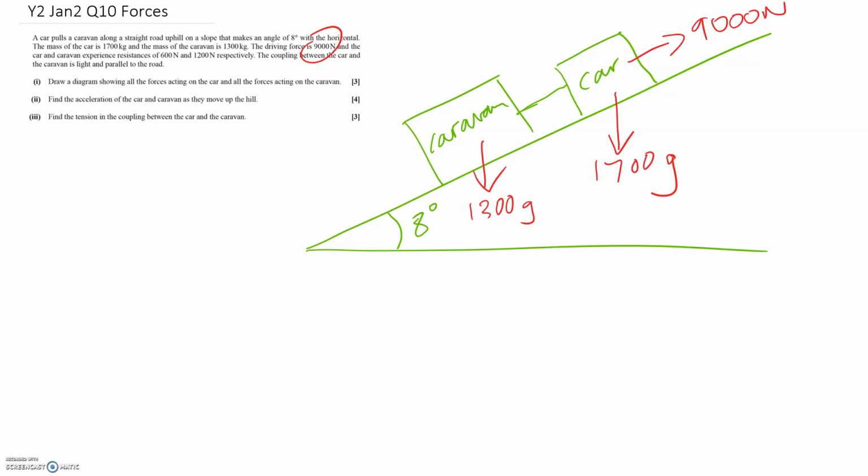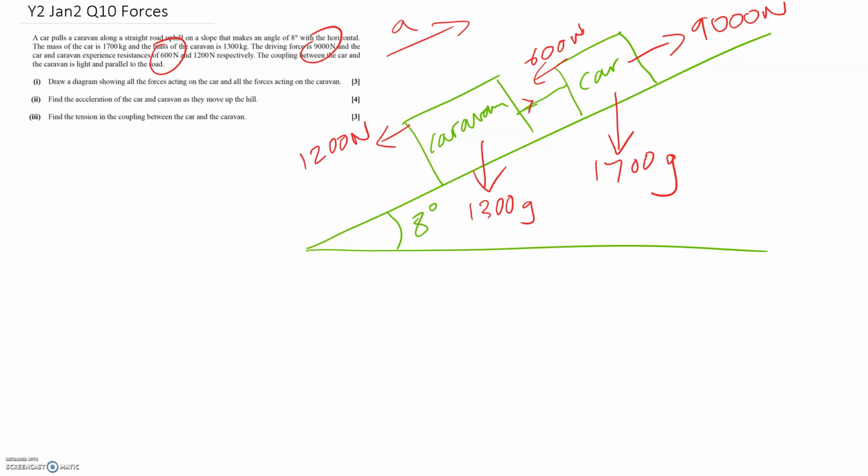We're told it's going in this direction, up the slope. There will also be the resistances. So on the car, the resistive force is 600 newtons. On the caravan, the resistive force is 1,200 newtons.